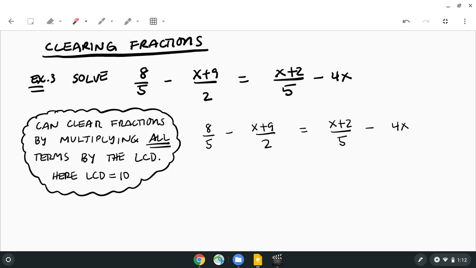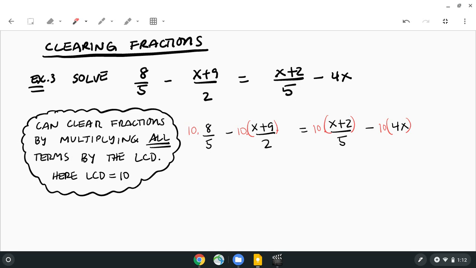I'm going to multiply this one by 10, this by 10, this one by 10, and this one by 10. Everything gets multiplied by the LCD.